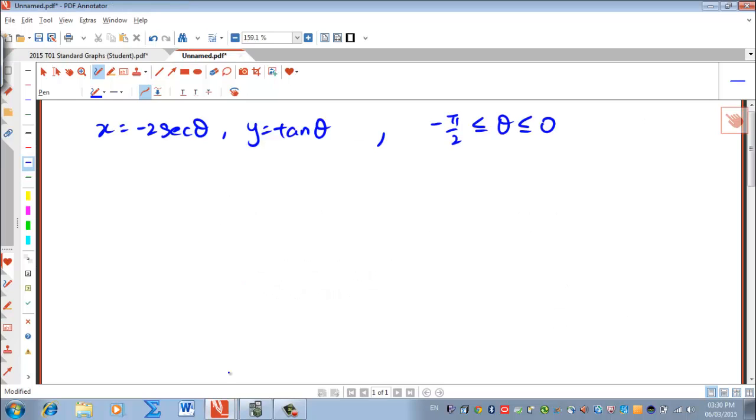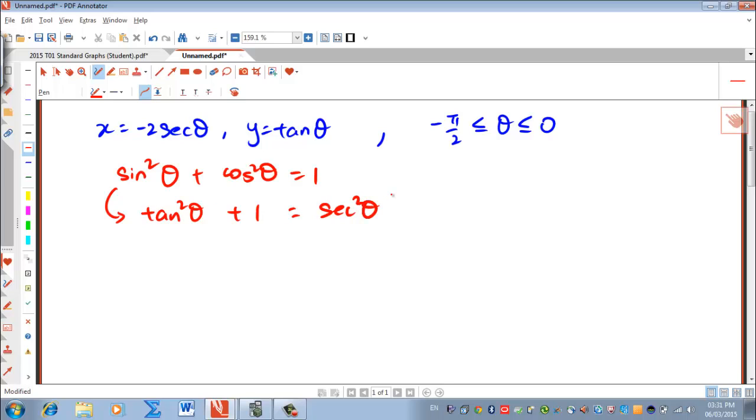When the parametric equations involve trigonometric functions such as secant theta and tangent theta, we recall that in secondary school we have learned the trigonometric identity sin squared theta plus cos squared theta equals 1, which when we divide throughout by cos squared theta, we get tangent squared theta plus 1 equals secant squared theta.